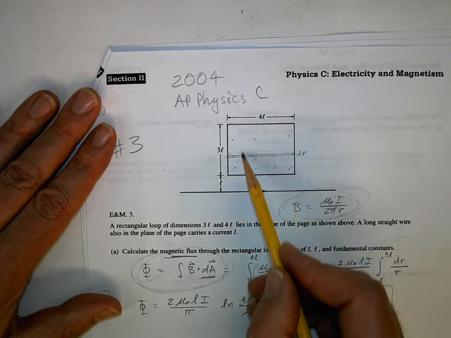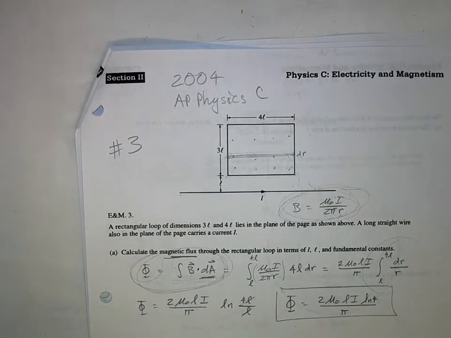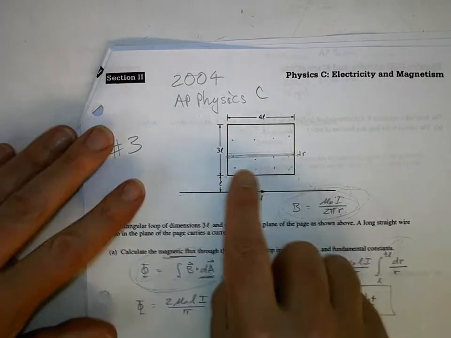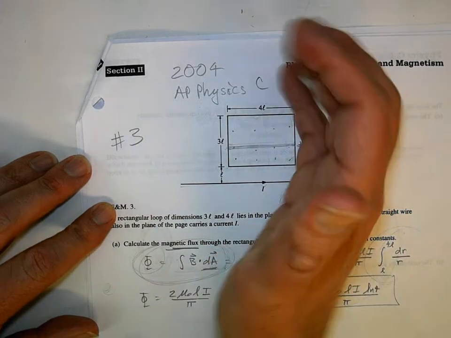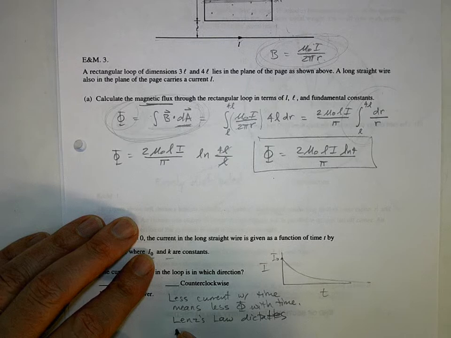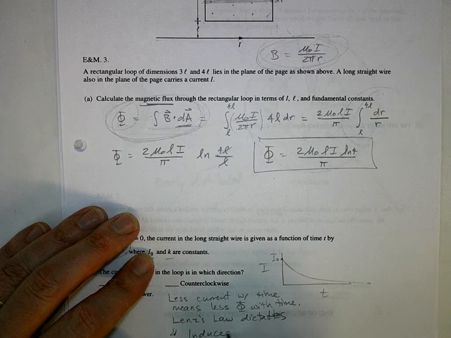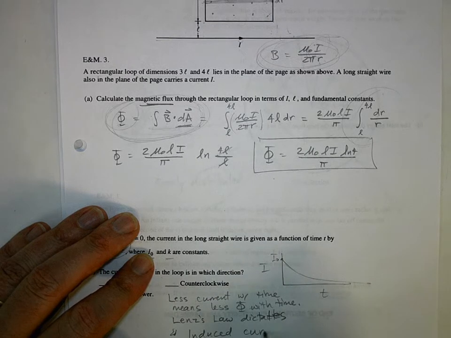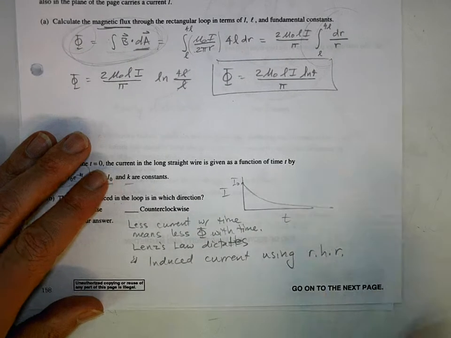Okay, if this flux in here is getting less and less, this is going to induce a current to try to keep the flux the same. So if the flux is getting less and less out of the board, it's going to use the right-hand rule, try to keep flux up. So we want to oppose the rate of change, therefore induced current using the right-hand rule. And you can abbreviate stuff like this.